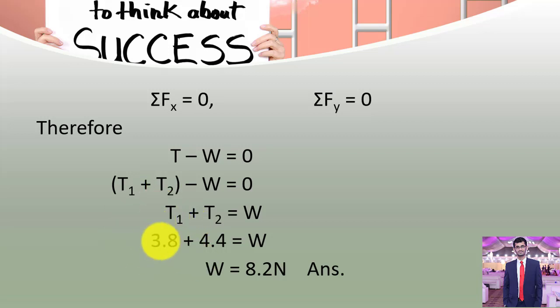So putting the value of T1, that is 3.8, plus T2, that is 4.4 Newton, W is equal to 8.2 Newton, which is the answer of this question, and this is the weight of the picture frame.